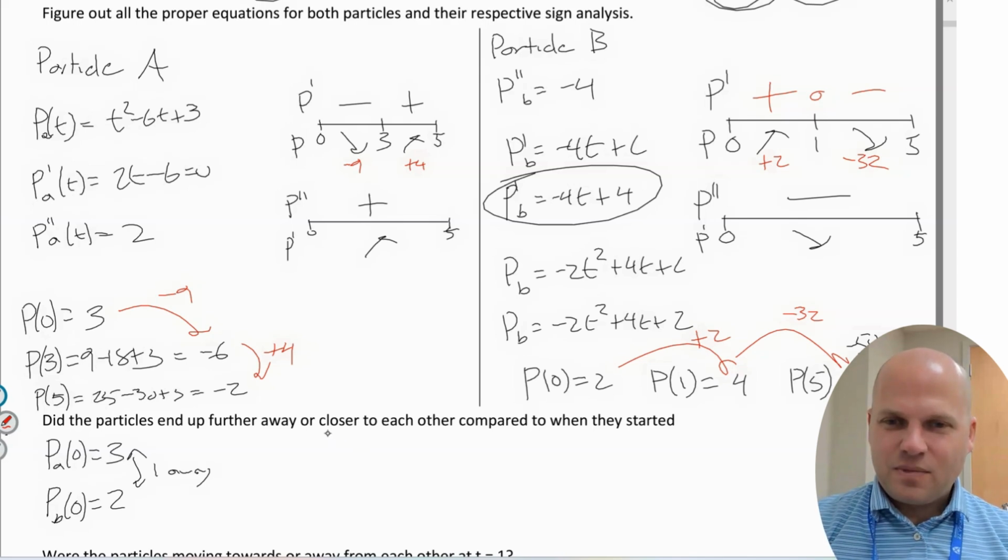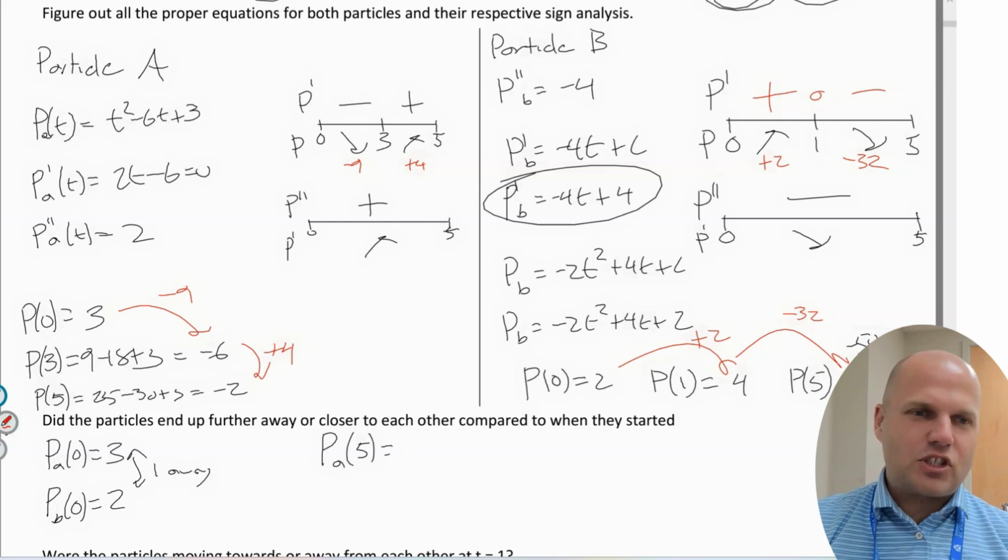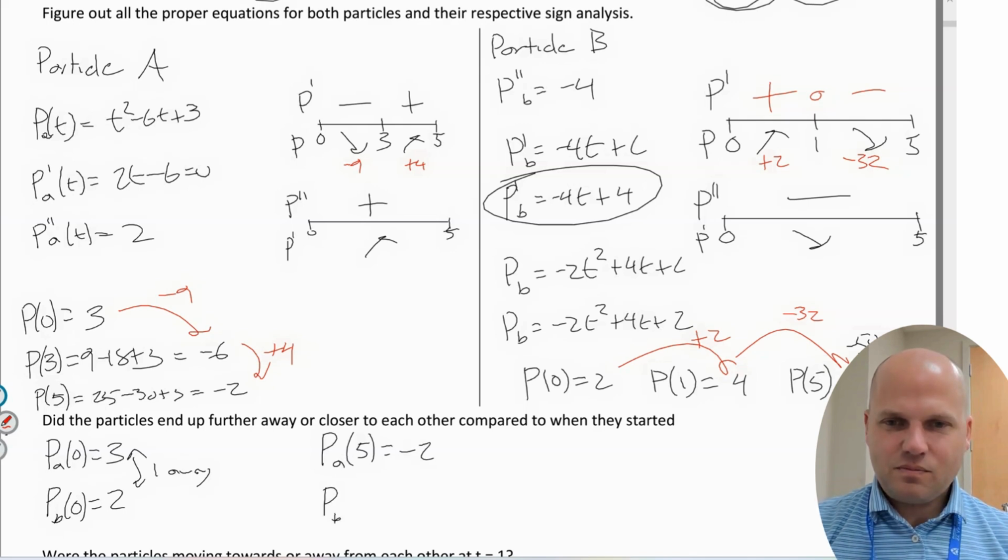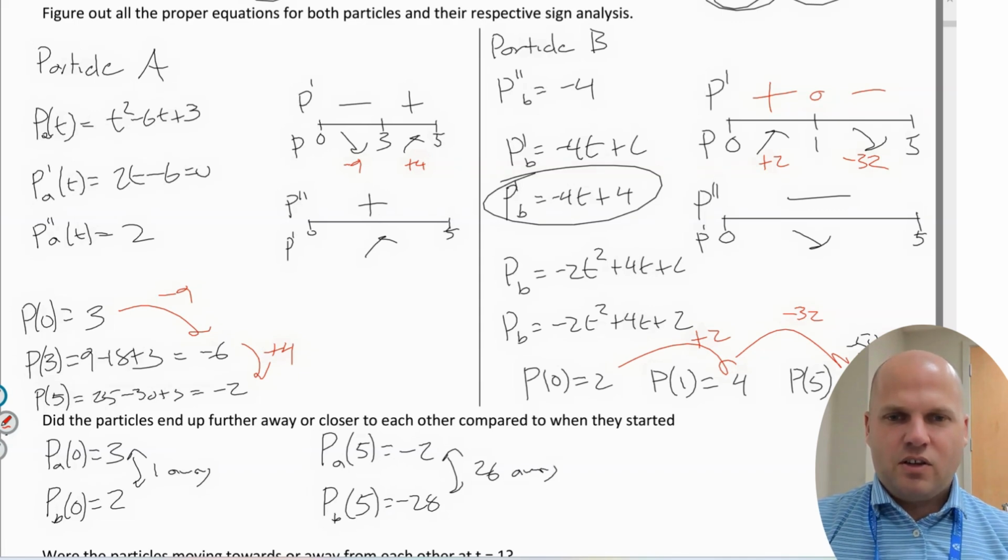And then this particle at 5 ended up at negative 2 versus the other particle ended up at negative 28. So they ended up really far away from each other. Well, it's all relative, which means they are a total of 26 units away from each other. So further away.